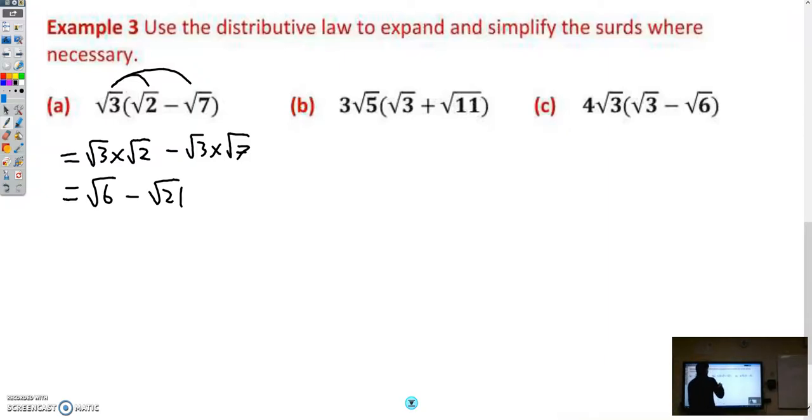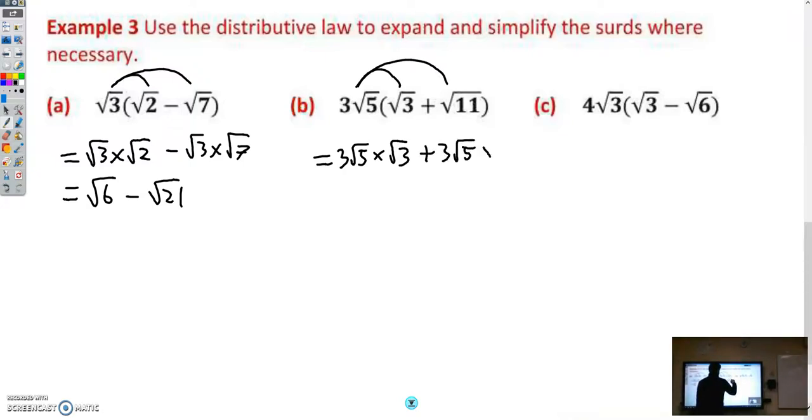Moving on to B. Again, we're going to multiply 3 root 5 by root 3, and we're also going to multiply 3 root 5 by root 11. Now remember, the coefficient of 3 will not be multiplied with the 5 or the 3.